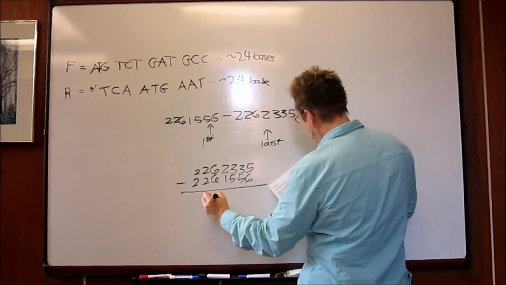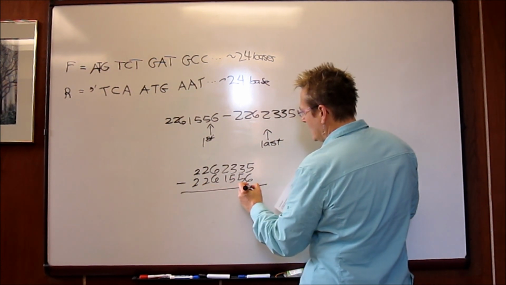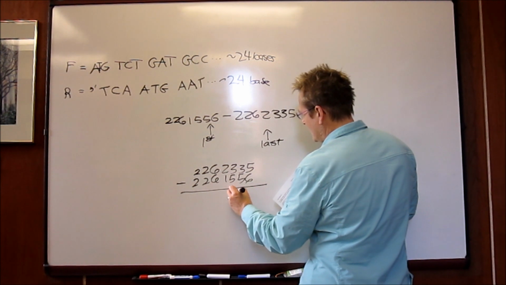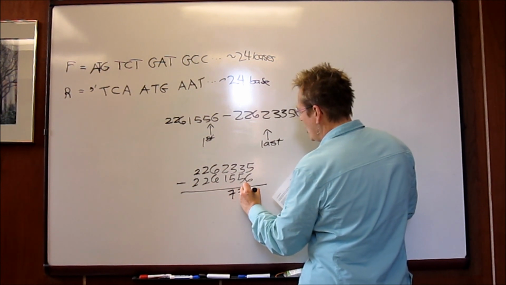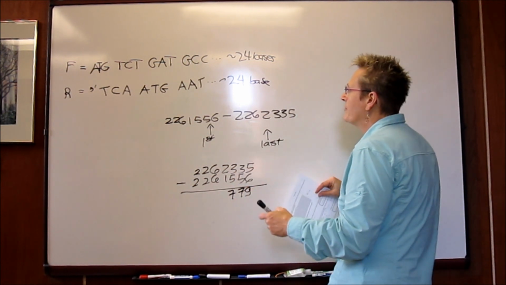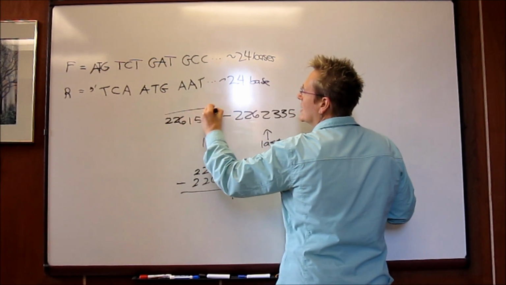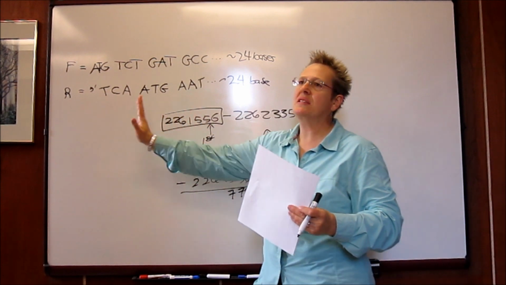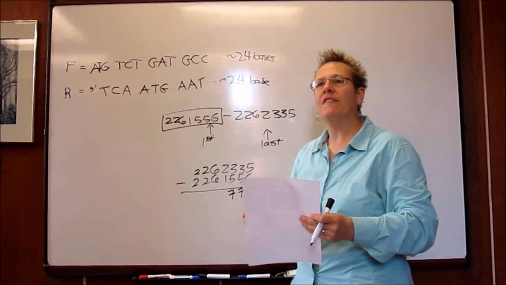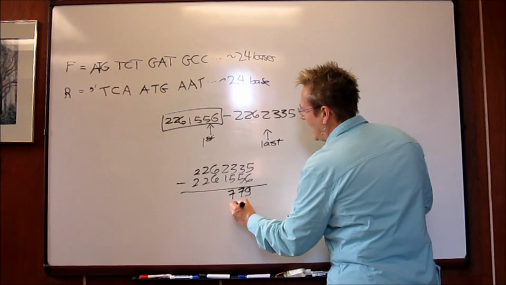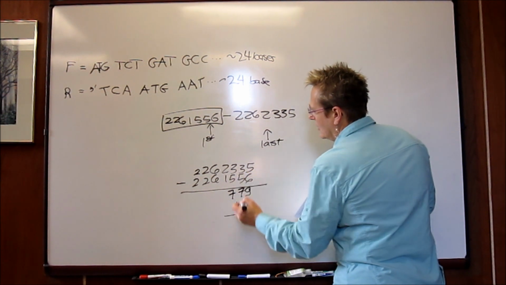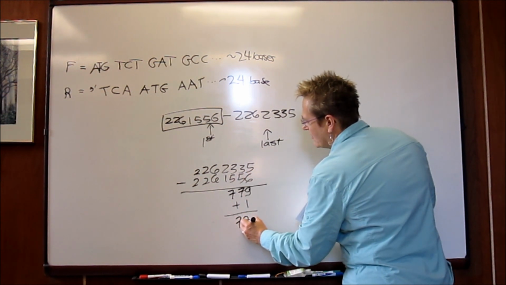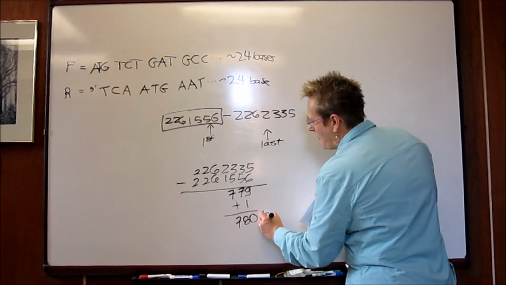Okay, which gives me 779, but the first one is actually part of the sequence, and what I really want to do is subtract the base that comes right before it in order to get the full length of the gene. So I have to add one, which gives us a value of 780 base pairs.